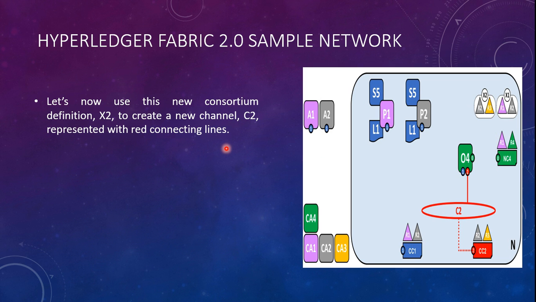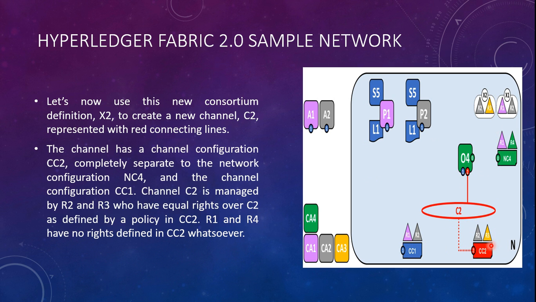So let's now use this new consortium definition X2 to create a new channel C2. You can see in these red connected lines that ordering service O4 already has one blue circle here, which belongs to channel 1. Now it has another channel added, C2, as per the consortium R2 and R3. The channel has a new configuration CC2 also, completely separate to the network configuration NC4.